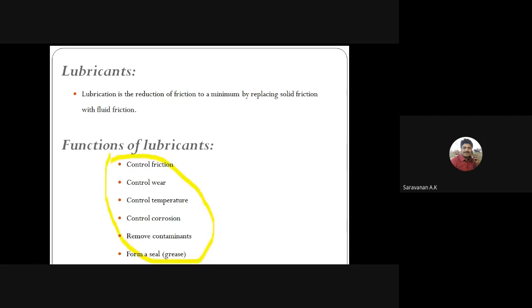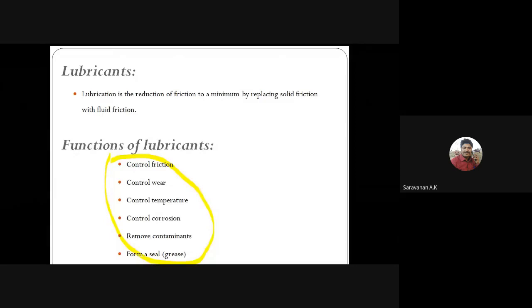The functions of the lubricants are to control the friction, to control the wear, to control the temperature, to control the corrosion, to remove contaminants, and to give a good seal. So the selection and application of the lubricant are determined by these functions, which it is expected to perform in a good manner, right?